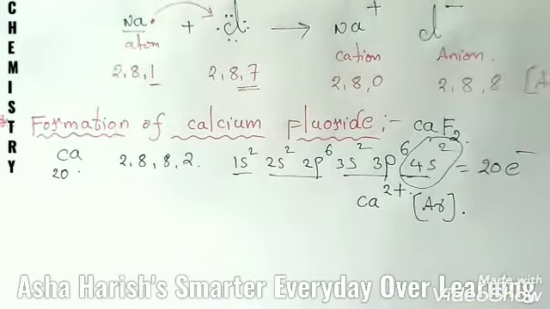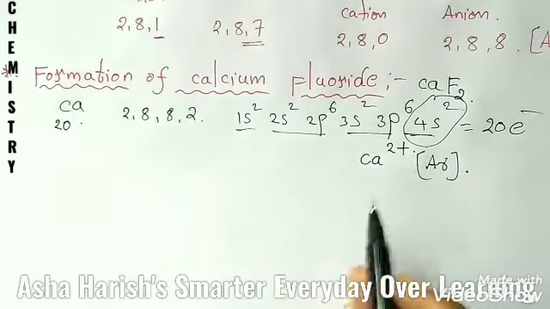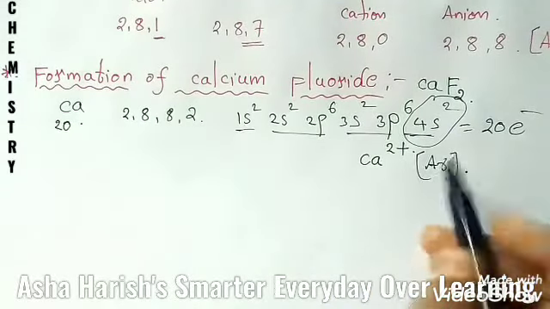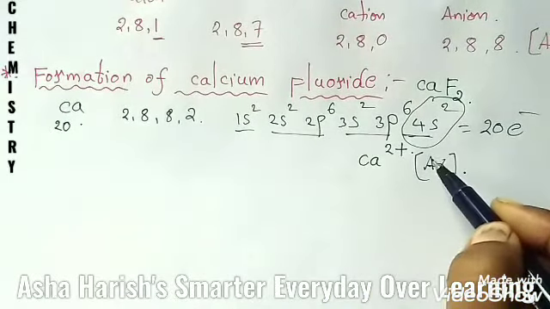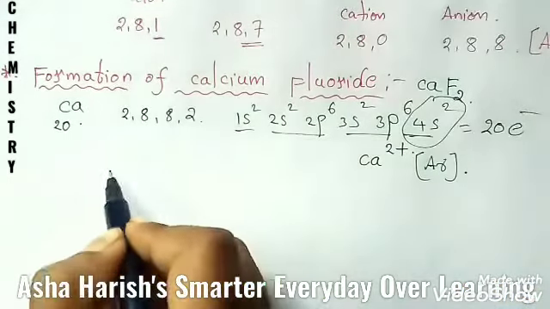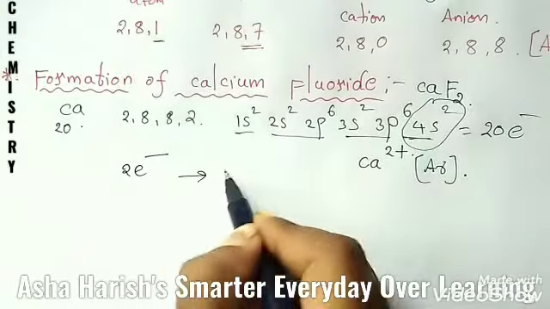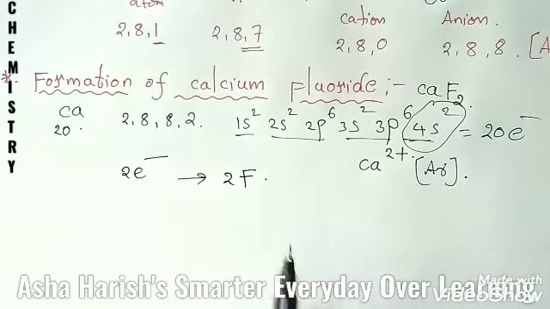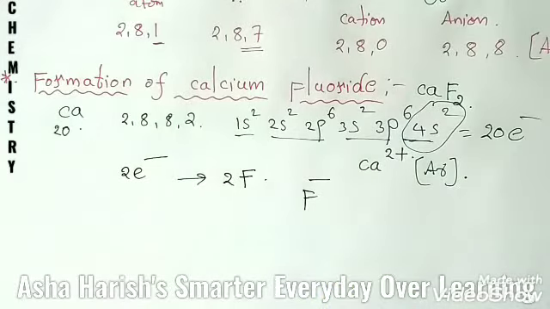Okay students, here the calcium atom loses 2 electrons and forms a calcium ion with 2 units of positive charge, and the 2 electrons are transferred to 2 fluorine atoms, converted into fluoride ions, each with 1 unit of negative charge, F-, that is negative charge.